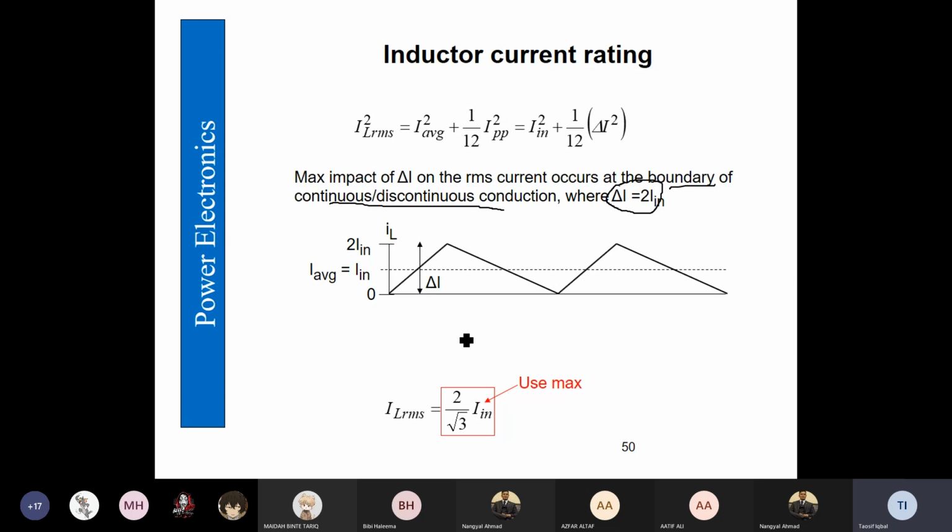The derivation, everything is similar to the buck converter. Only the average current is not equal to the output current. In this case, the average inductor current is equal to the input current. So only this is the difference between the current rating of the boost converter and the buck converter.